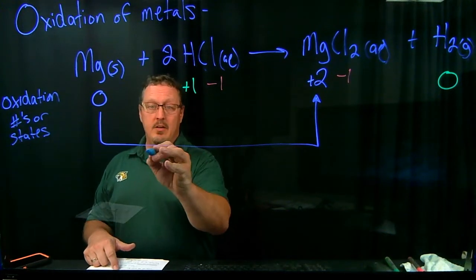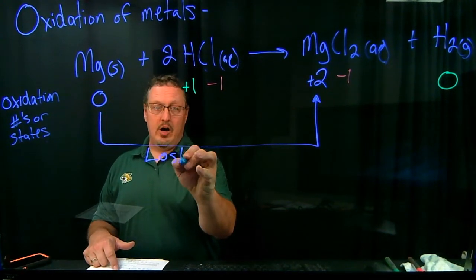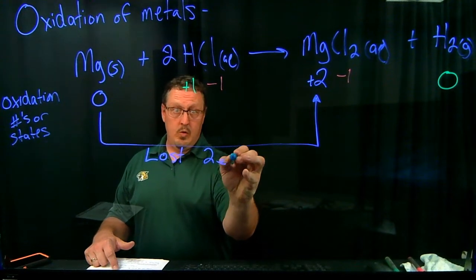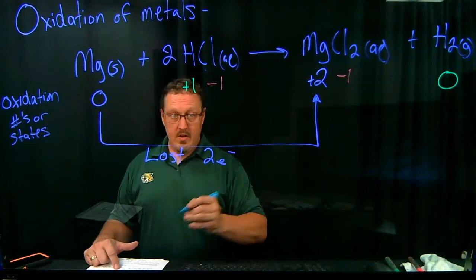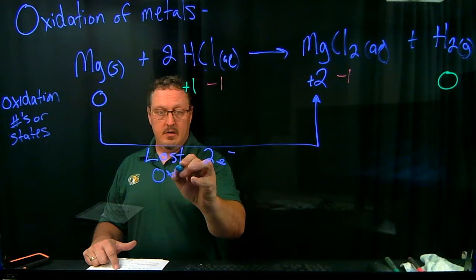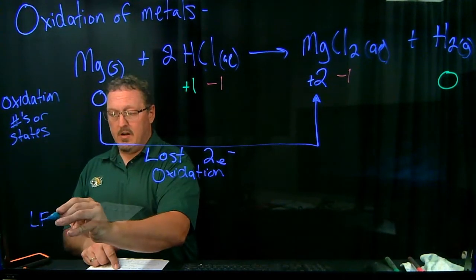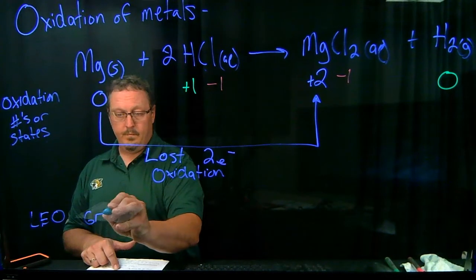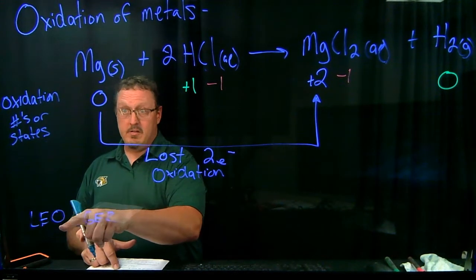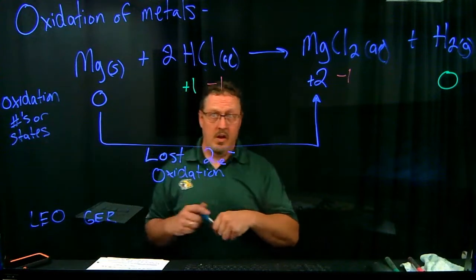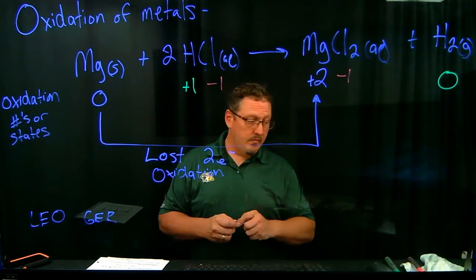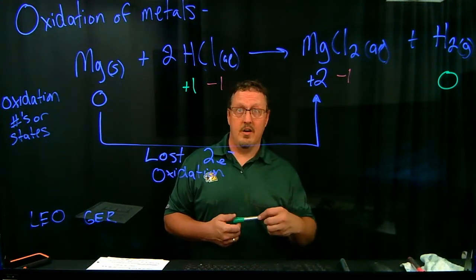But magnesium has lost 2 electrons. Okay? And so this is oxidation. Remember, the other line says Gur. So losing electrons is oxidation. Okay? Now, let's do our tie line here with our hydrogen.